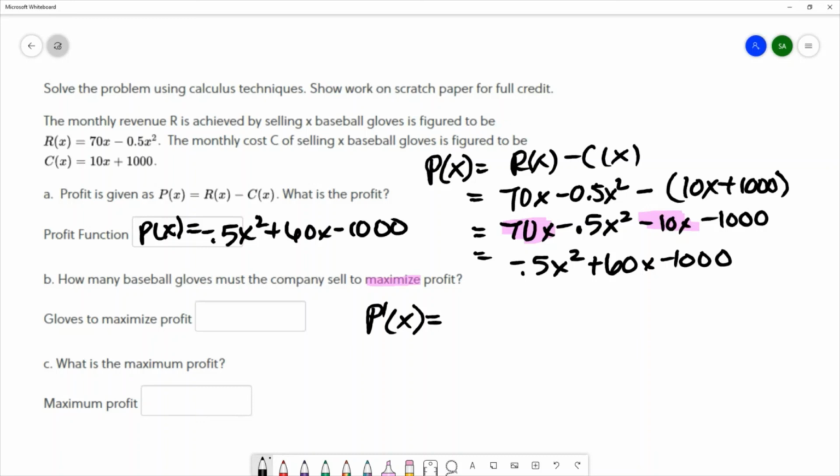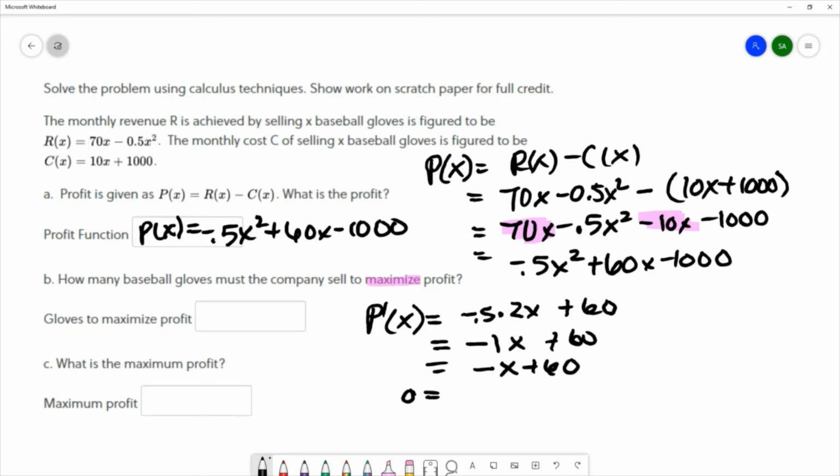If I calculate the derivative, that will give me negative 0.5 times 2x plus 60. And negative 0.5 times 2 is negative 1. So our derivative of the profit function is negative x plus 60. We're going to find the critical numbers by setting that derivative equal to 0. That gives me x equals 60. So this is a possible value of our relative maximum.